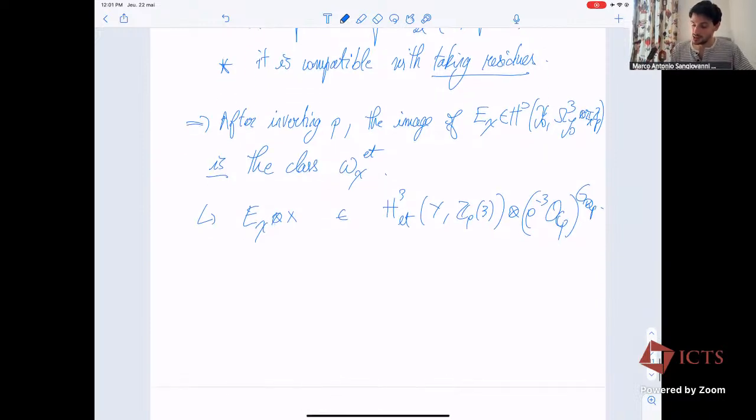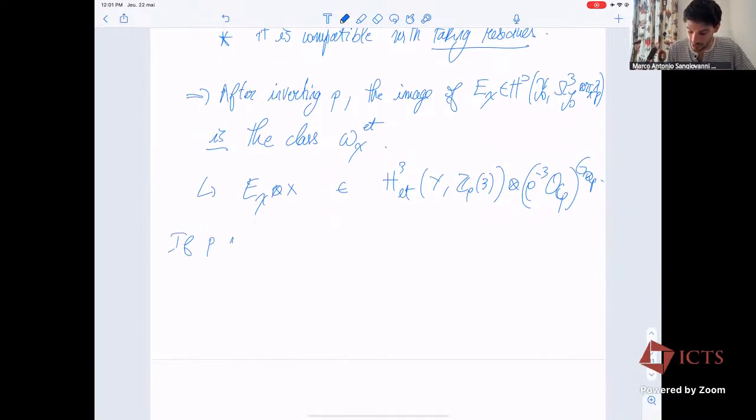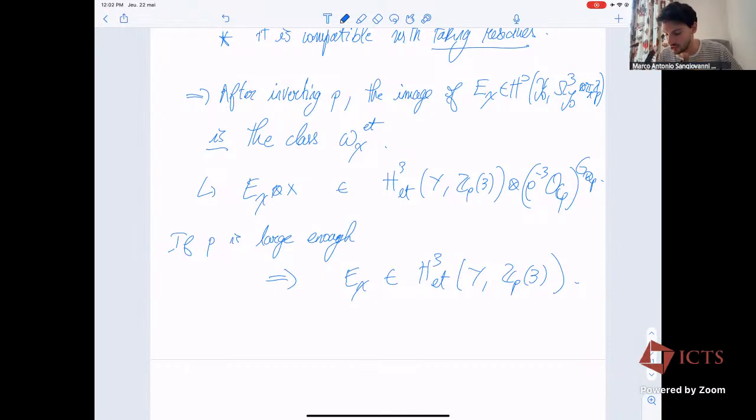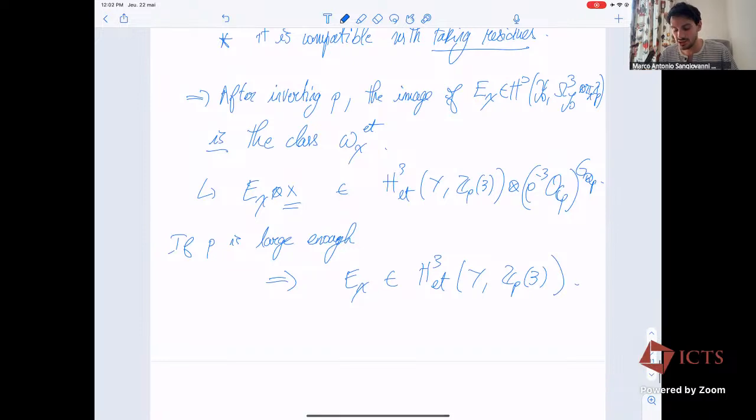GQP. So if p is large enough, this will imply that the image of E chi will lie in the H3 et al. of Z_p 3. Okay. This is because you can descend the coefficients on the right-hand side, and here you can take X to be as small as possible, so the valuation of X as small as possible.